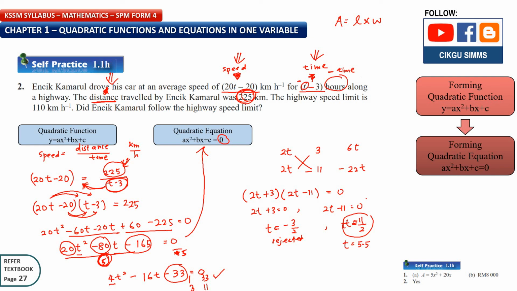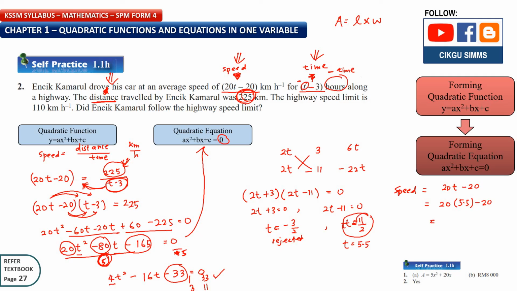Okay, so let's see the question. The highway speed limit is 110. So that is nothing to do with the calculation. Did Encik Kamarul follow the highway speed limit? So we need to find the speed that Encik Kamarul takes. Speed from the question is 20t minus 20. So 20 times 5.5 minus 20.